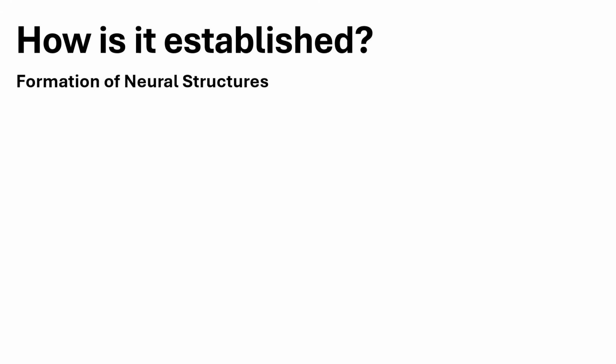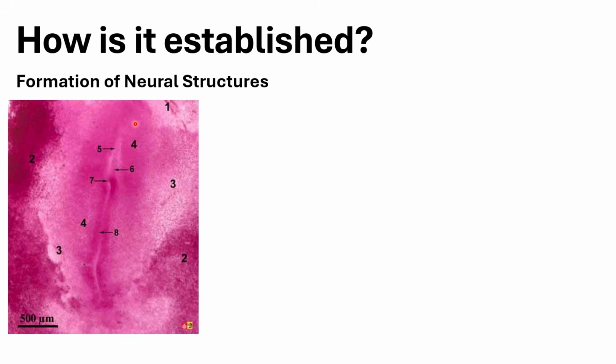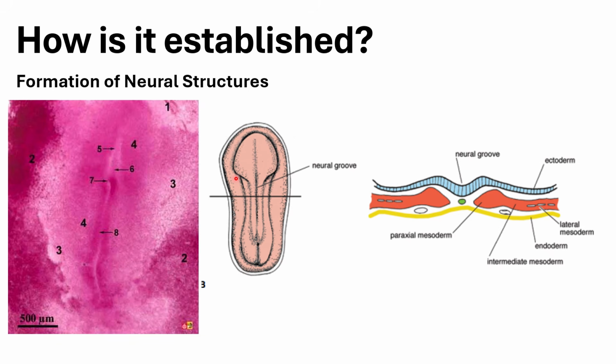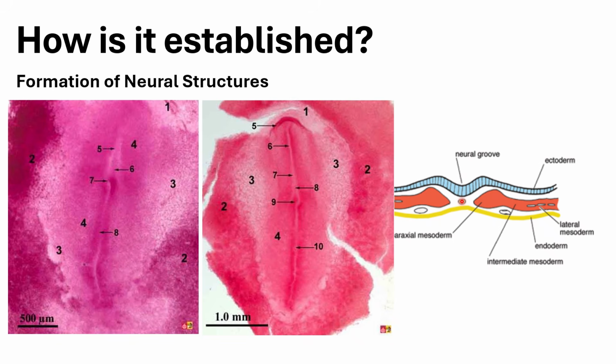Okay, so now let's focus on the formation of the neural structures. So of course, first we will have the start of our neural growth. Okay, here you can see in this area you would have your neural growth in the ectodermal part, and then you would have thickenings here.